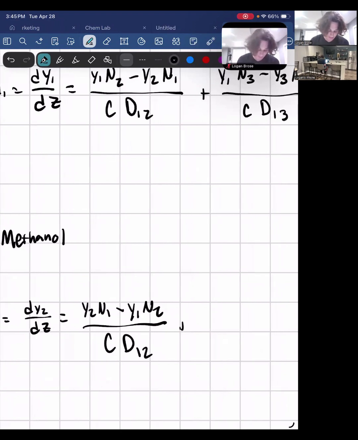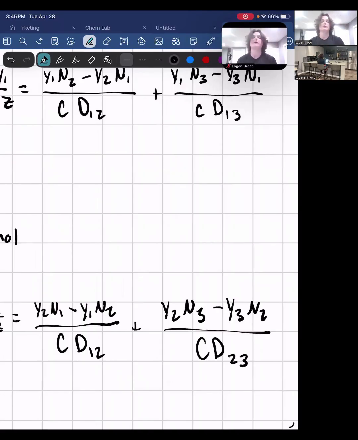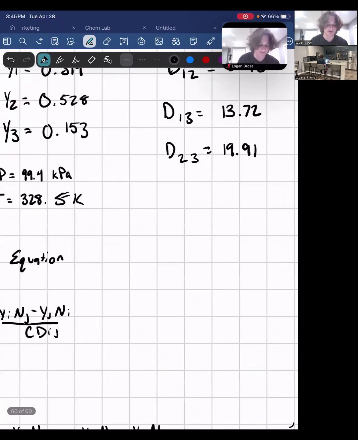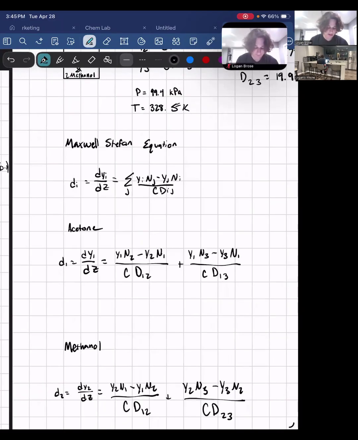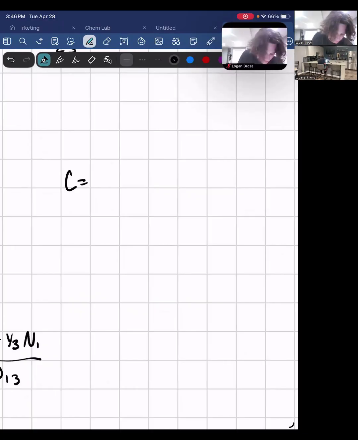And then we add y2 times N3 minus y3 times N2 over c D23, that's our third diffusion coefficient up here, right? And this concentration we know equals our pressure over RT, our temperature times our molar constant, right?